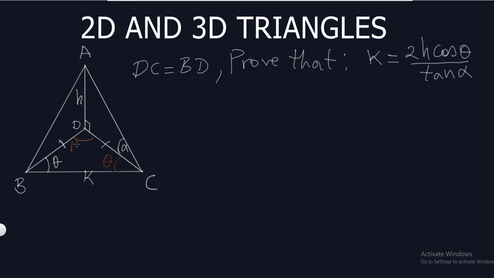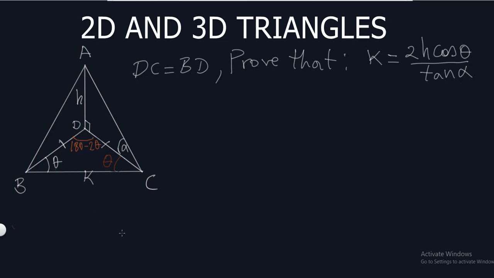The angle D will be 180 minus 2 theta. Why? Because all three angles in a triangle should give us 180. Or you can just do 180 minus this theta and then minus this theta, okay? So that will give us 2 theta.